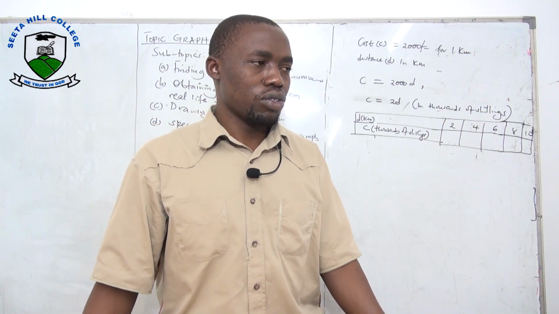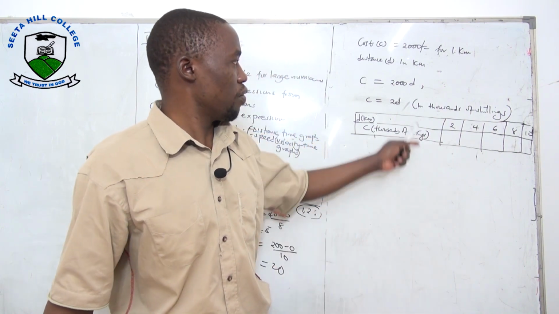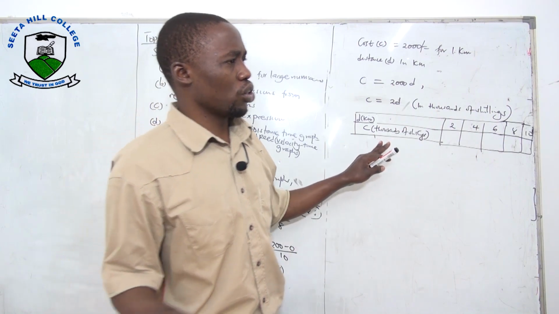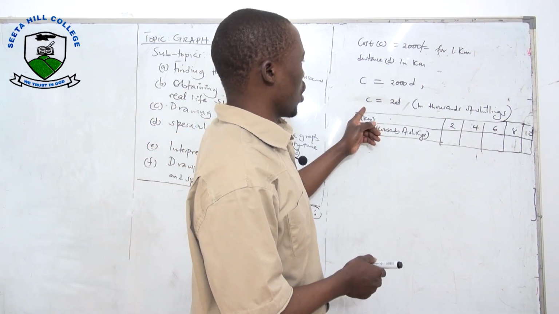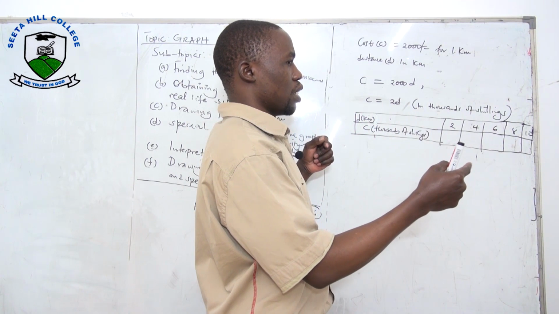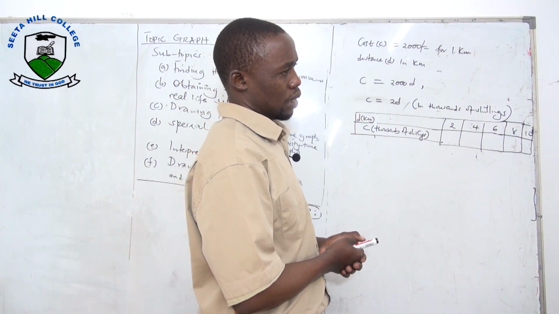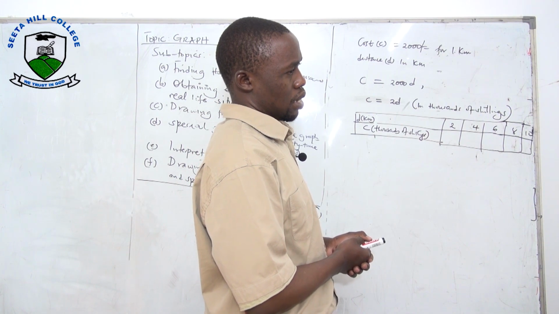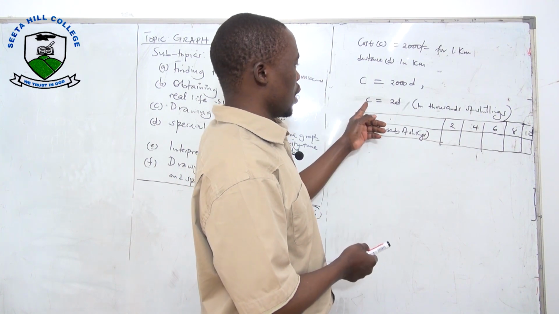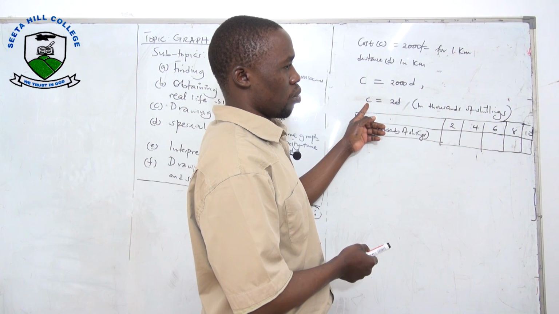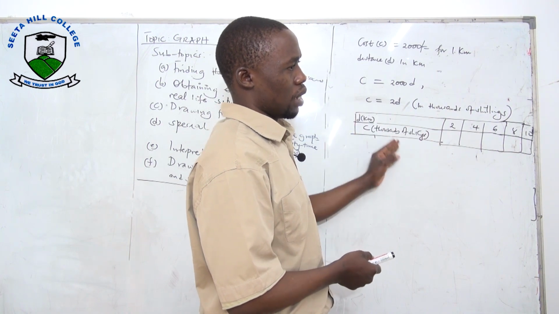Not so? To calculate the cost, the equation shows that the one calculated using the other is on the vertical axis. You see that? The dependent variable is on the vertical, independent is on the horizontal.